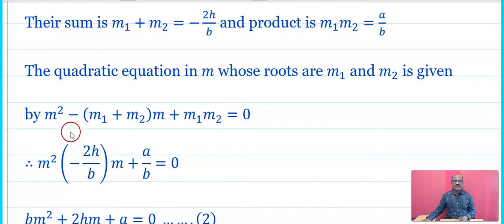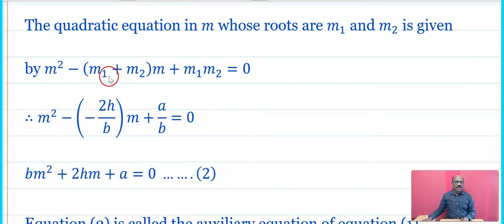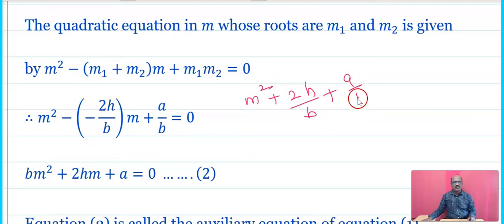Now first we substitute the value of m1 plus m2, that is minus 2h upon b, and m1 into m2 is a upon b. Then you will get m squared plus 2h upon b m plus a upon b, equal to 0.